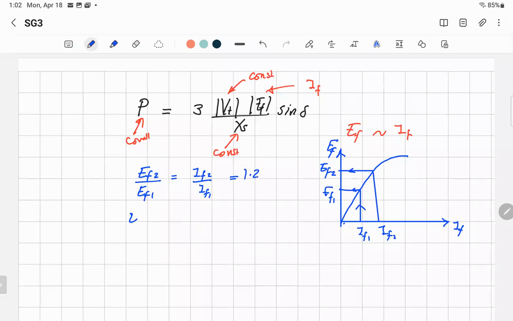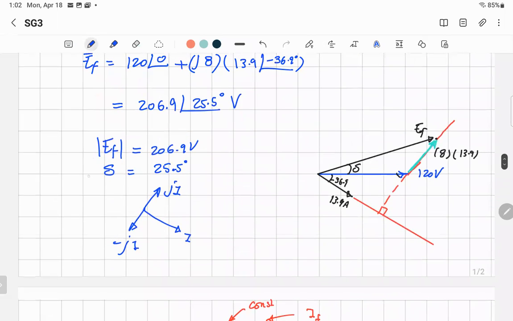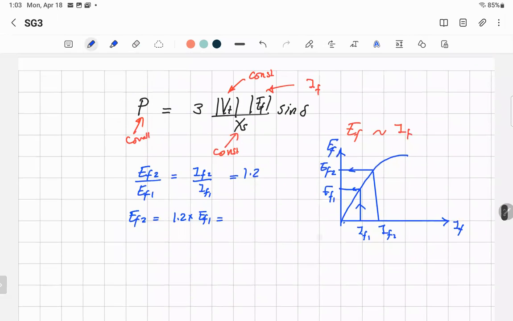True? All right. So what is EF2? The new EMF is equal to 1.2 times EF1. The value of EF1 before? Yes, we did the excitation voltage. We found the value that we got last time, 206.9, and the angle 25.5. Then you tell me, when I do this ratio, should I also use the angle?